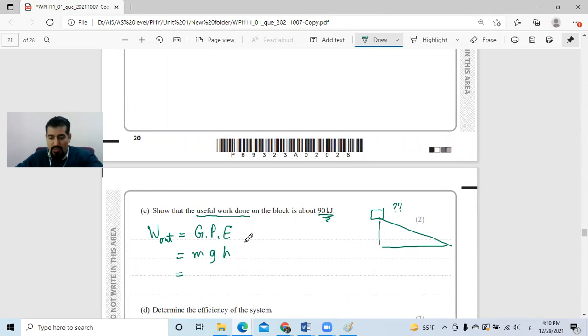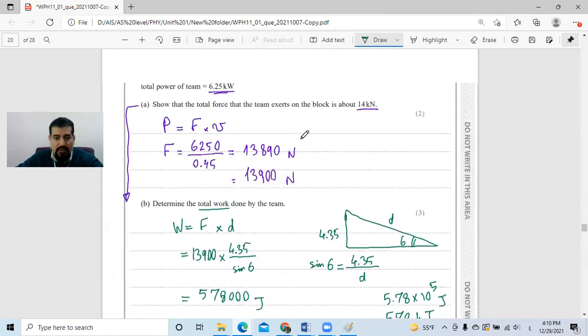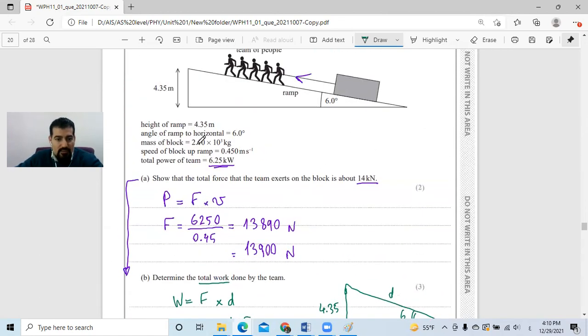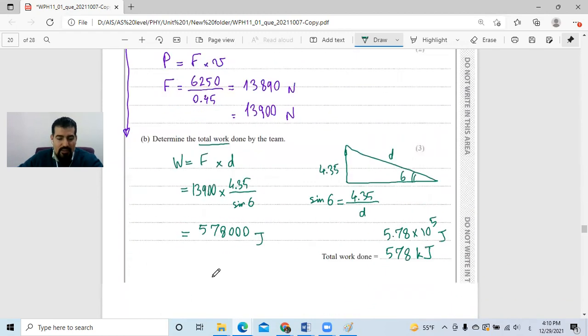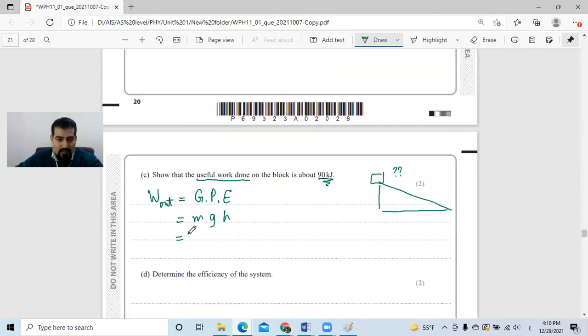So how much is the mass? They give it to us. The mass is 2.1 times 10 to the power of 3, 2,100. So 2,100 times 9.81 times the height, which is 4.35.